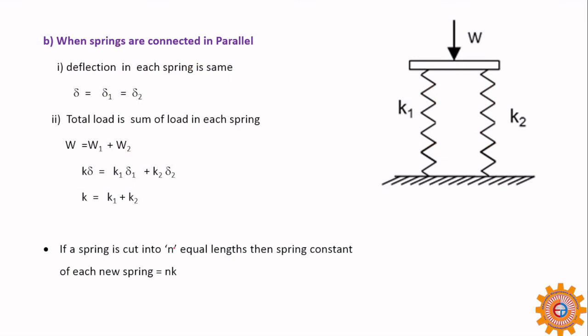Next one, very important one. This also comes in competitive examinations. If a spring is cut into n equal parts, then the spring constant of each new spring is nk. Suppose k is the spring constant of this spring, and it is cut into two parts, one part is K1, the other part is K2.